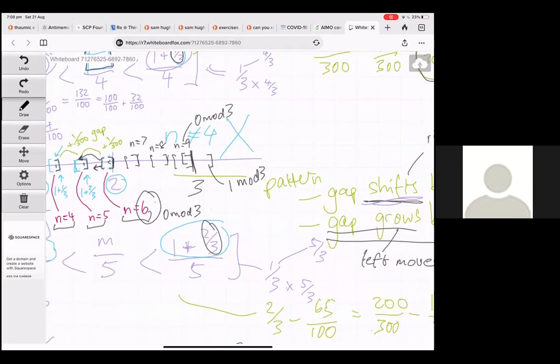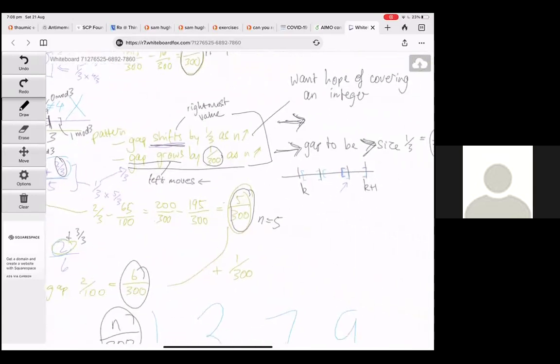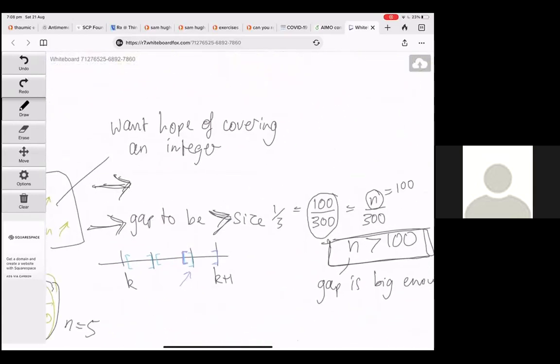So n is always going to be 1 more than a multiple of 3 if we want to cover an integer with that gap. So that means that n is equal to 1 mod 3.